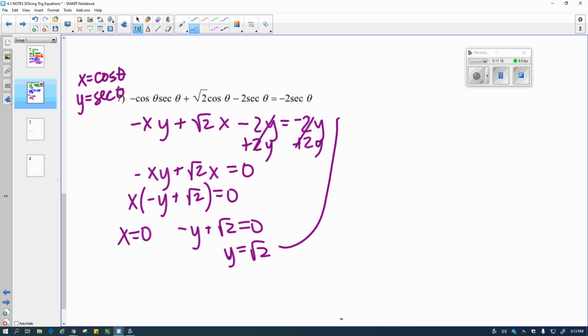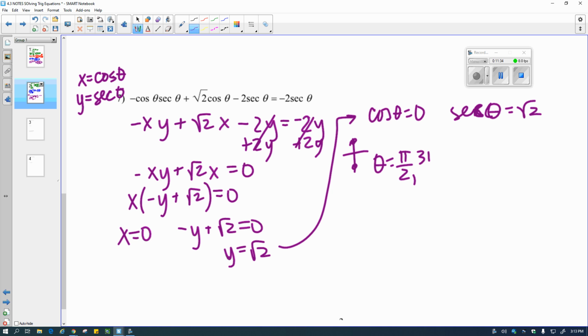But again, I'm not solving for x and y. I'm figuring out when the cosine equals 0 and when the secant equals the square root of 2. This one's not so bad. Remember, cosine equals 0 at the top and on the bottom, so that's when theta is pi over 2 and 3 pi over 2.